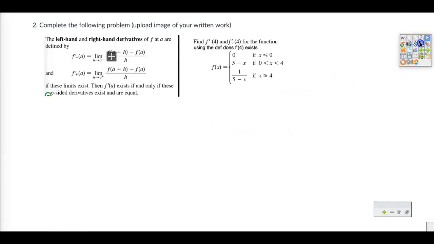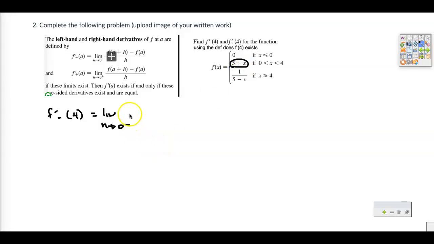Okay, so let's pick up on this example that was given in this week's discussion. Does f prime of 4 exist? This is a piecewise function. So therefore, we will have to evaluate f prime from the left of 4, which would equal the limit as h approaches 0 from the left of f of x plus h. So from the left, we're going to use this one here.